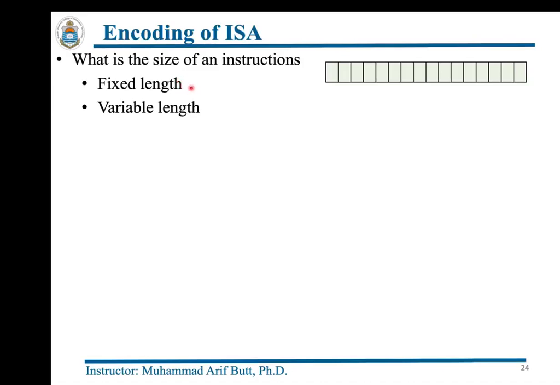And is it of fixed length or is it of variable length? For example, the MIPS architecture used fixed length instruction, while the Intel architecture used variable length instruction. x86-64 processor has the instruction size varying from 1 byte to 15 bytes.